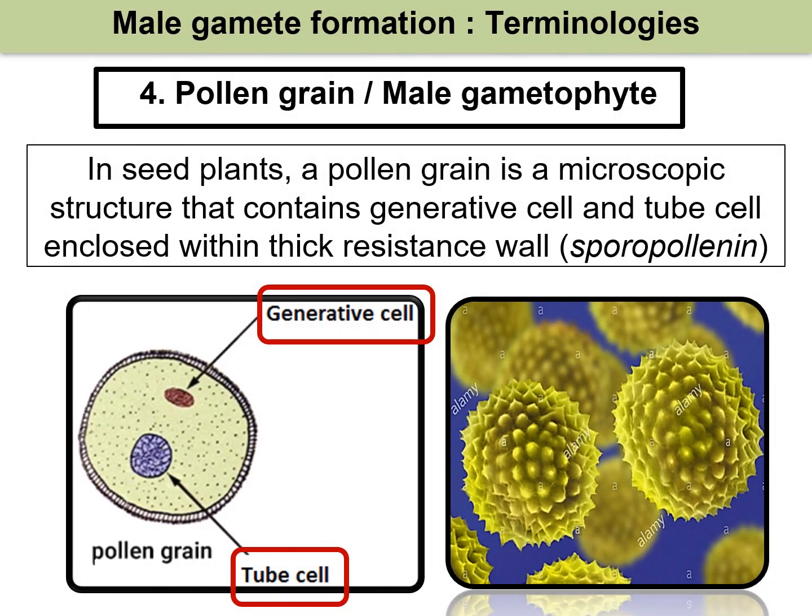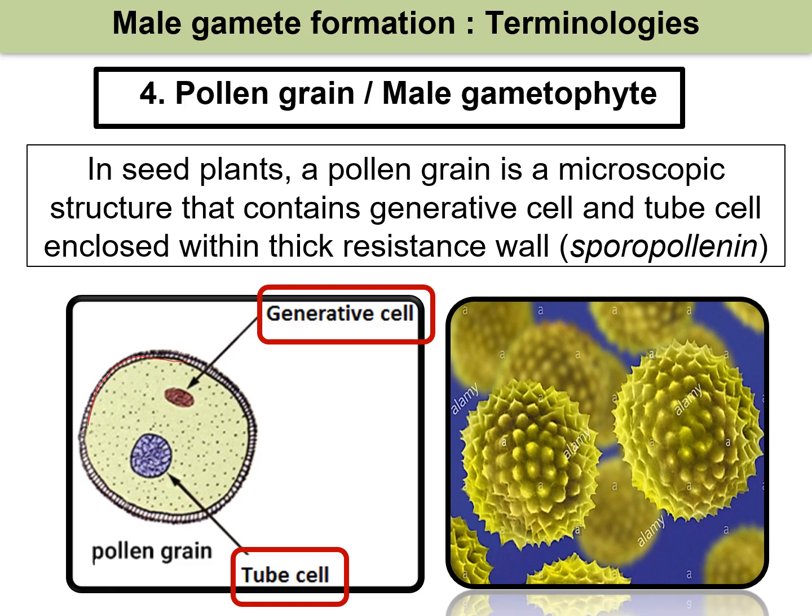So the fourth terminology is pollen grain itself. So what is pollen grain? A pollen grain is a microscopic structure that contains generative cell and tube cell enclosed within a thick resistant wall.